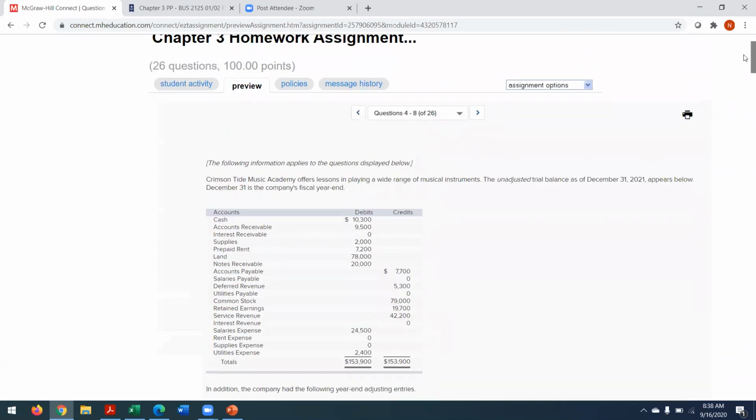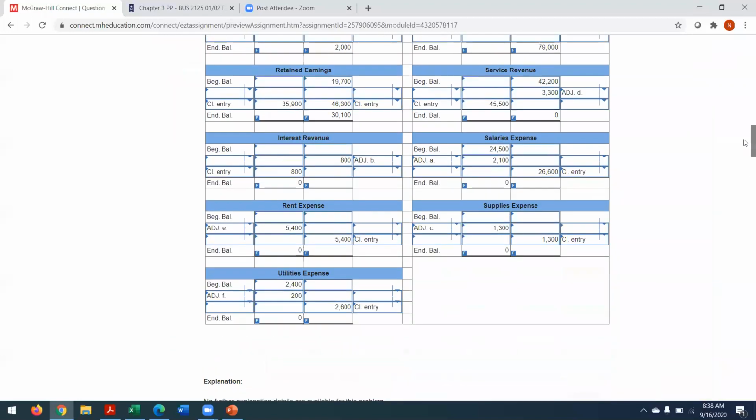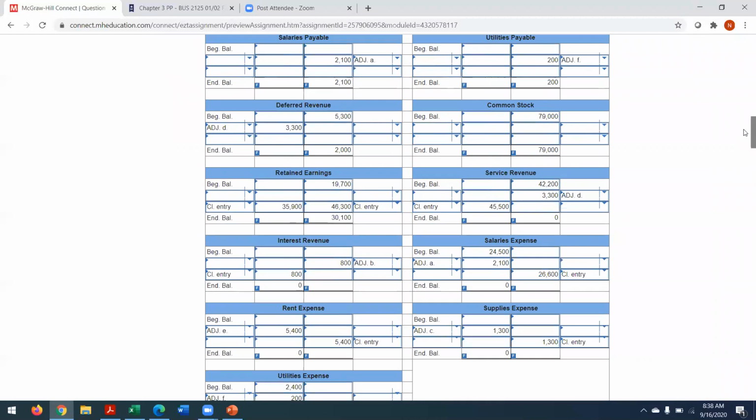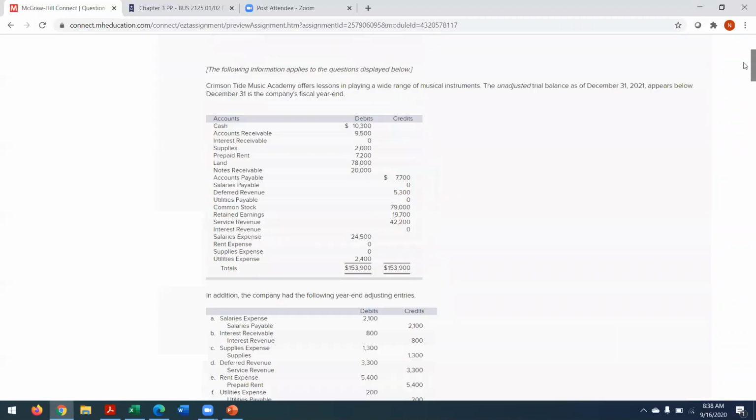Again, when it says that the service revenue is 42.2, we're going to go down to our service revenue account and put in our 42.2. So the first thing you're going to do is add all of your unadjusted trial balance figures.